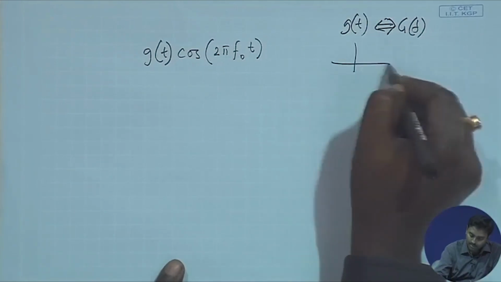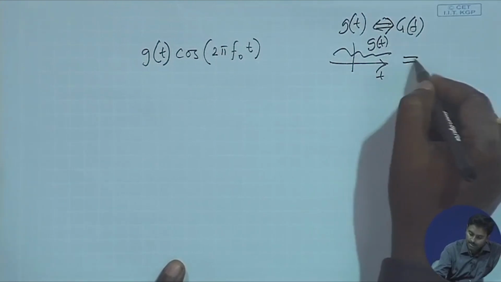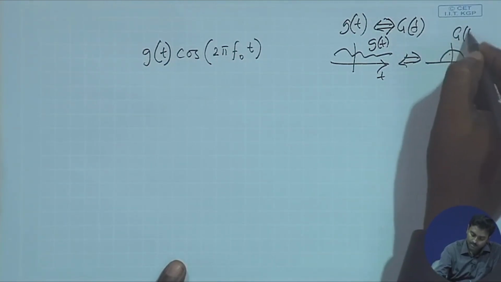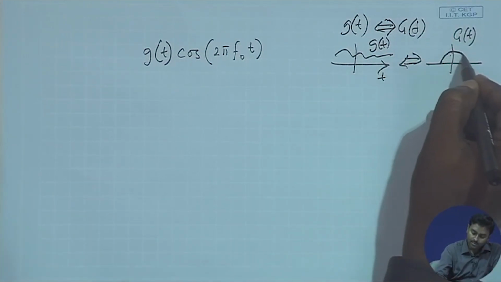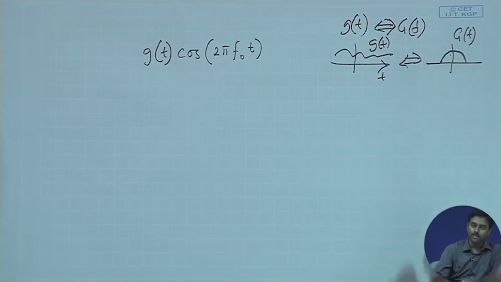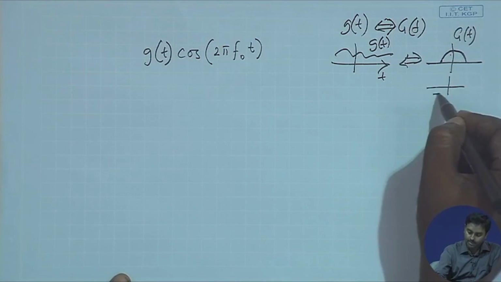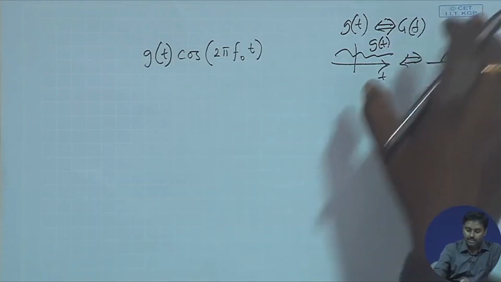Suppose I have a signal g(t) in the time domain and a corresponding Fourier pair which looks like this, that is G(f). Because it is a real signal, I have constructed the spectrum in such a way that it is even symmetric. This is the amplitude spectrum I have drawn; correspondingly there will be a phase spectrum which is odd symmetric.